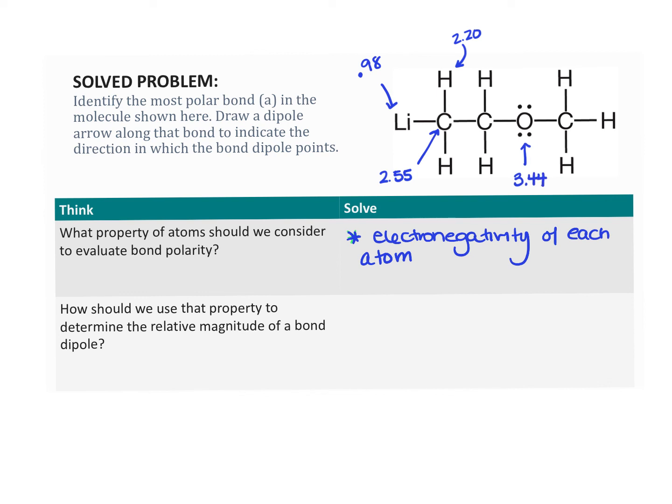And of course, all the carbons are going to be 2.55 and things of that nature. So what we need to do is look at the difference in the electronegativity values. And you do this by subtracting.